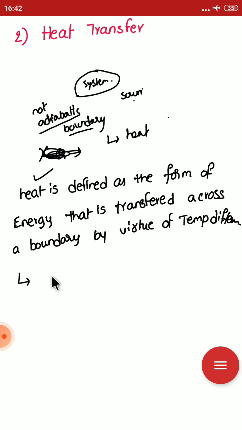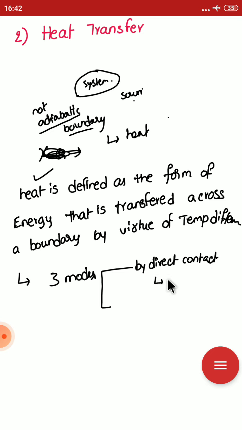Heat transfer takes place basically by three modes. First, if the heat transfer takes place between two systems by direct contact, it is called the conduction mode of heat transfer.